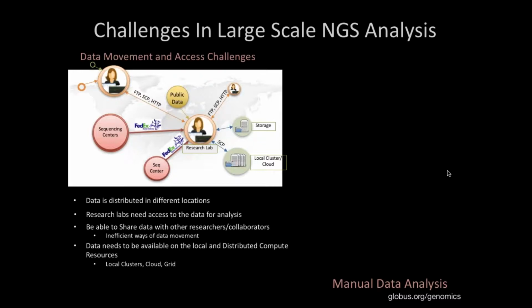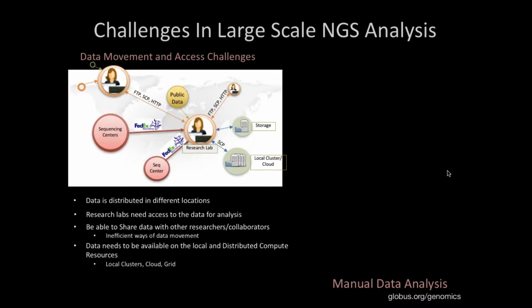Typically the data sets are transferred to where they could be analyzed using FTP or SCP, protocols that were designed for an internet that had very high latency and low bandwidth. So they are very suboptimal in terms of moving large-scale data sets.